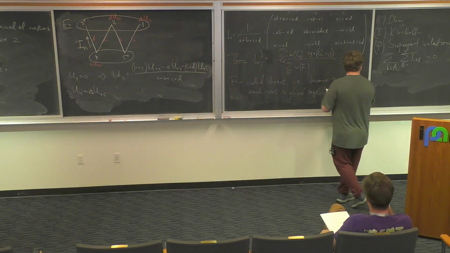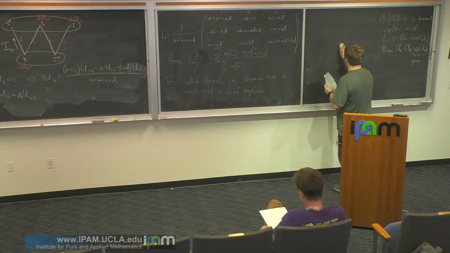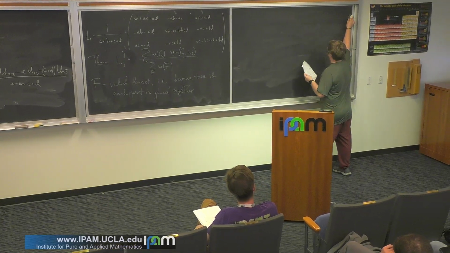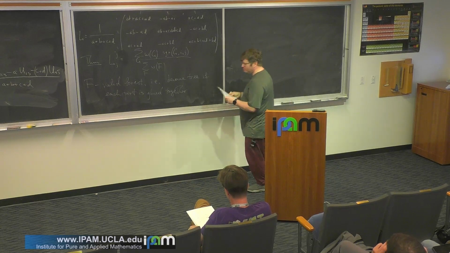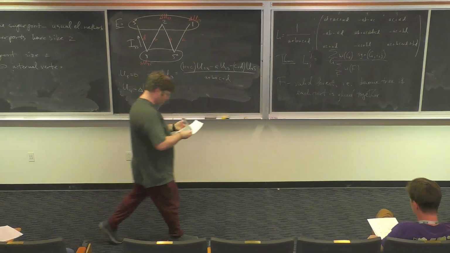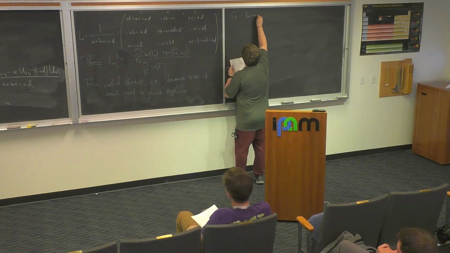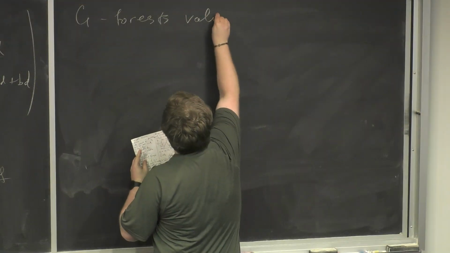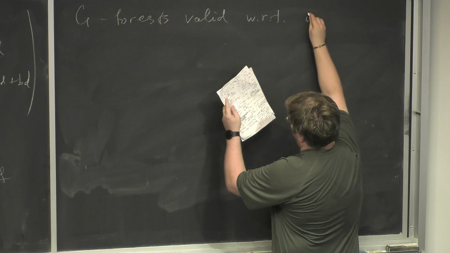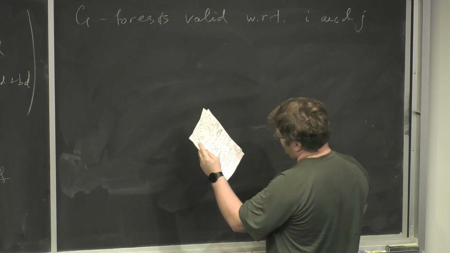And now what is the numerator here? So G's are forests valid with respect to I and J separately. Which means what?